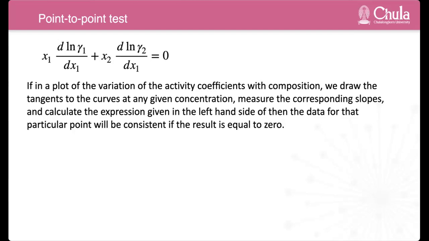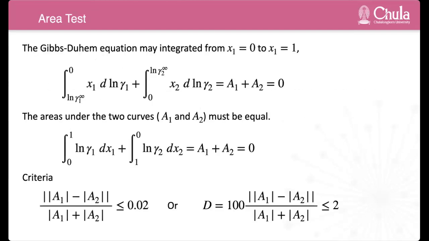So that is the point-to-point test and the next one is the area test. The idea is totally different. We don't use the derivative anymore; we integrate first and identify the area instead of finding the slope.